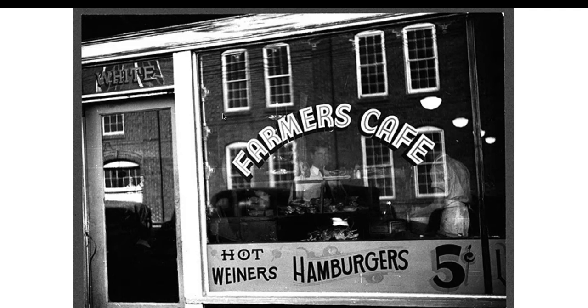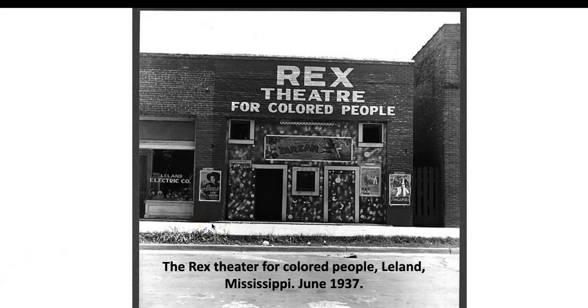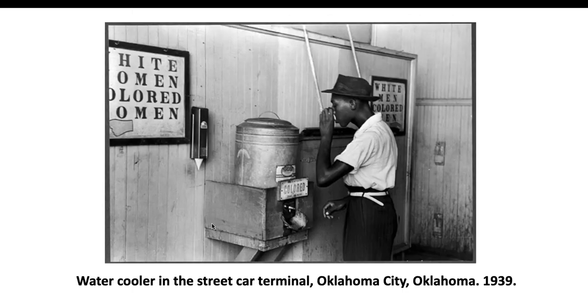Cafes that would only serve white patrons, or had separate entrances for white and black patrons, and different seating areas, different water fountains. Here's a water fountain. Different theaters, all sorts of elements of segregation throughout the South, right? Throughout the South, and in a lot of different areas.